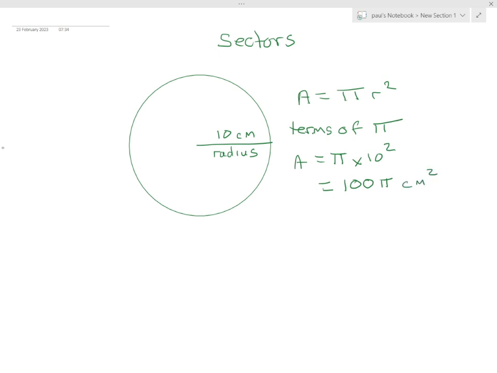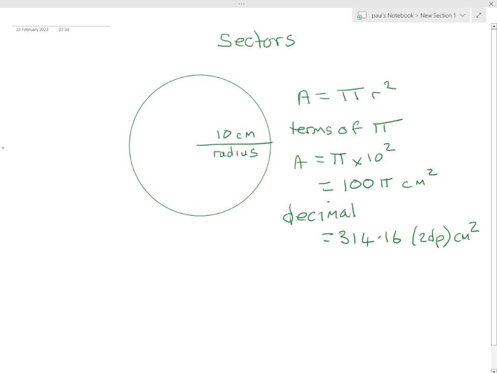Now if you're working this out to a decimal, it will be using the pi button on your calculator, shift pi times 100 will be equal to 314.16 to 2 decimal places centimeters squared.